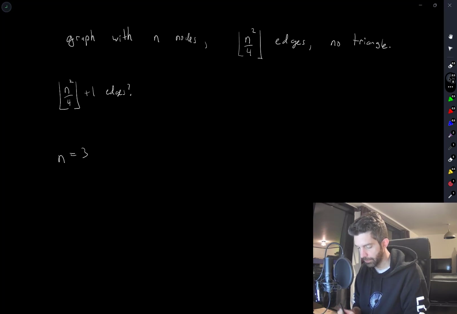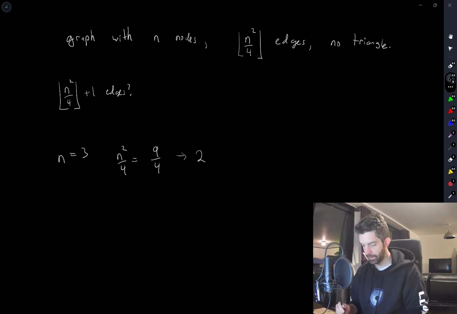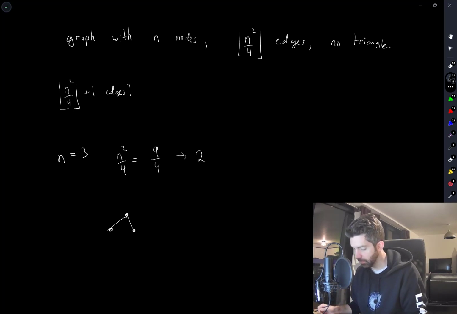Let's suppose n is equal to 3, then n squared over 4 is equal to 9 over 4, and this rounds down to 2. So there we go. There's a graph with 2 edges, 3 nodes, no triangles.